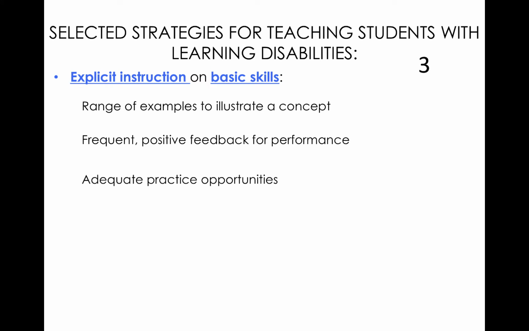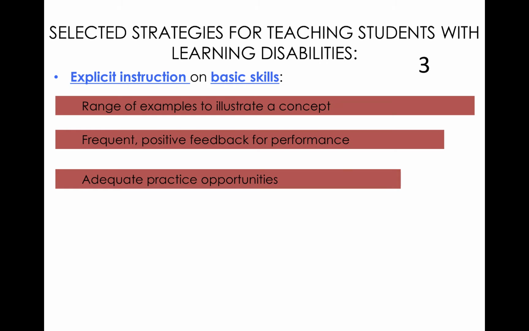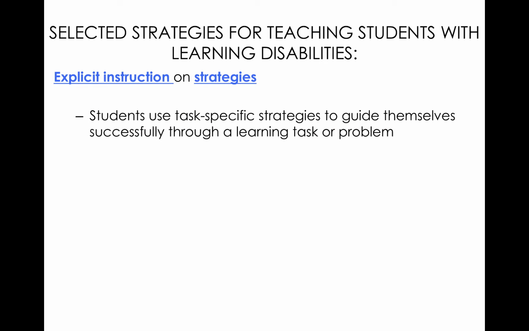And then lastly, the third way of supporting our students with learning disabilities is to provide them explicit instruction in two areas. One in basic skills, and the other in strategies. Strategy instruction has been proven to be very successful for students with learning disabilities.